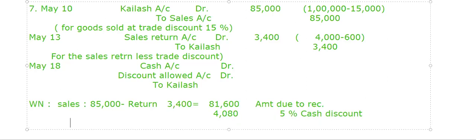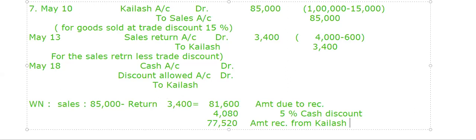After deducting the cash discount, the net amount received from Kailash is 77,520 rupees. So in this way, for entries in which cash discount and trade discount are there, and return is also made, the entry should be done like this.